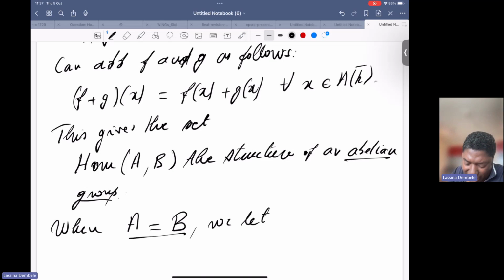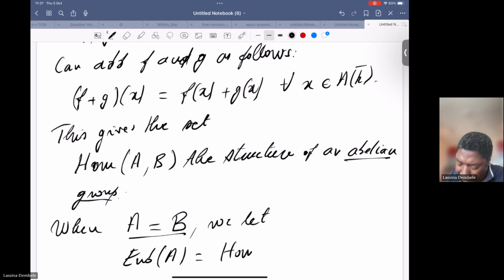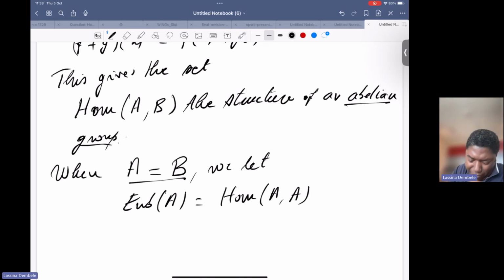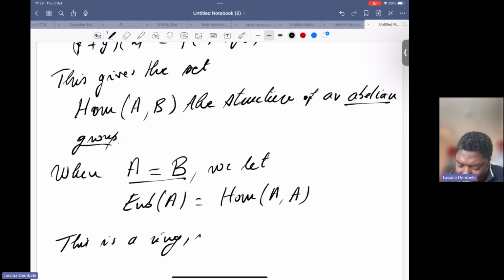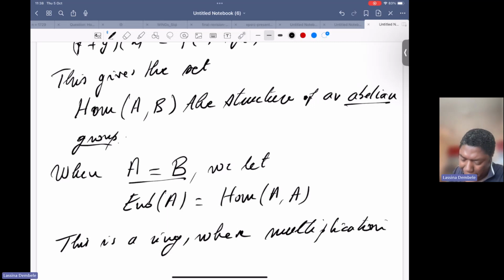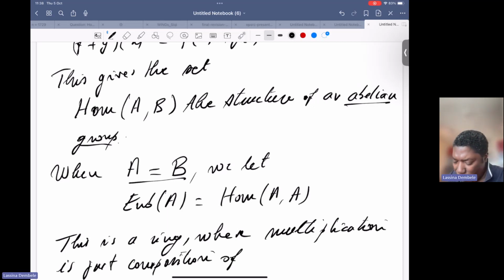So when A is equal to B, we let End(A) be Hom of A into A. And in this case, this is a ring, where the multiplication is given by just composition of homomorphisms.